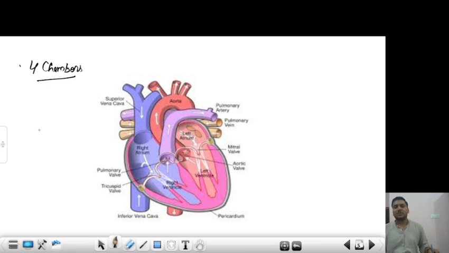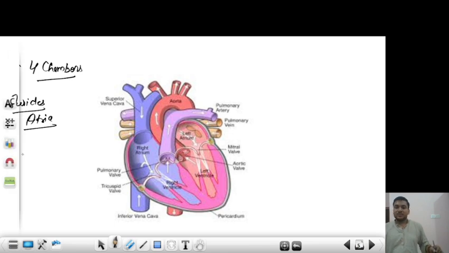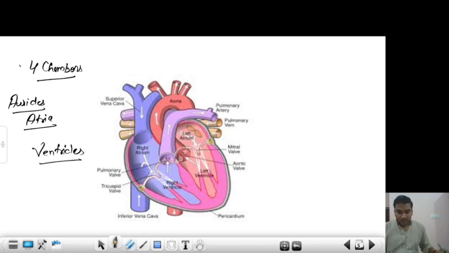The upper two chambers are known as auricles, and singularly it is known as atria, and the lower two chambers are known as ventricles. Here you can see this is the left ventricle, this is the right ventricle, this is the right atrium, and this is the left atrium.